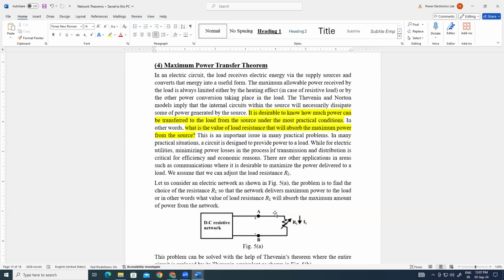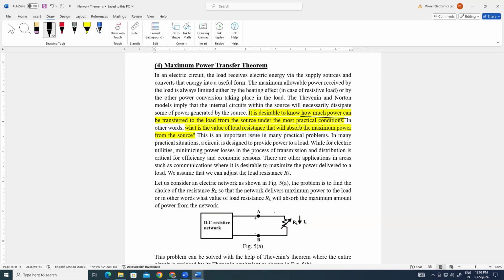In most practical applications, we should know how much power can be transferred to the load from the source. We cannot obtain higher power as compared to the input power.